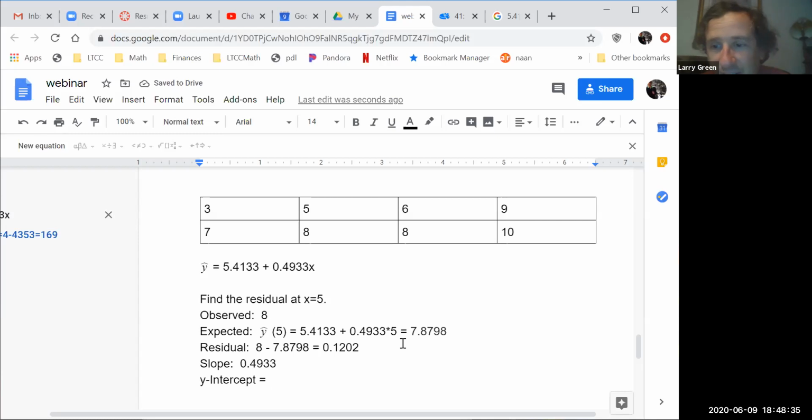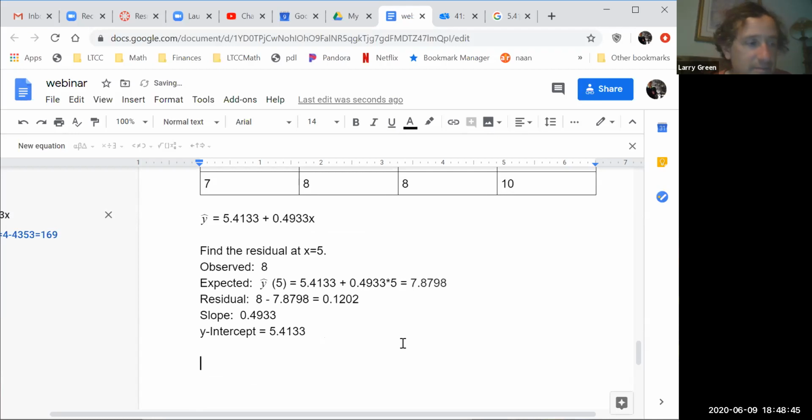Also easy. Yep, 5.4133. That's all there is to it. Any questions at all on this whole lines and slopes and residuals and expected and observed? It's a lot of words. Any questions on any of this stuff?